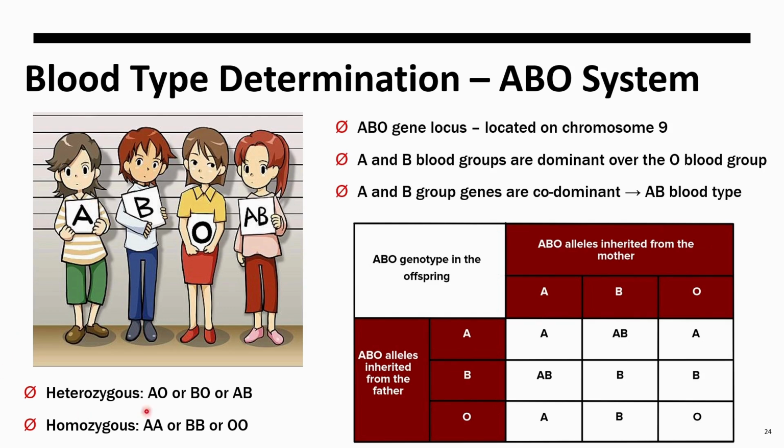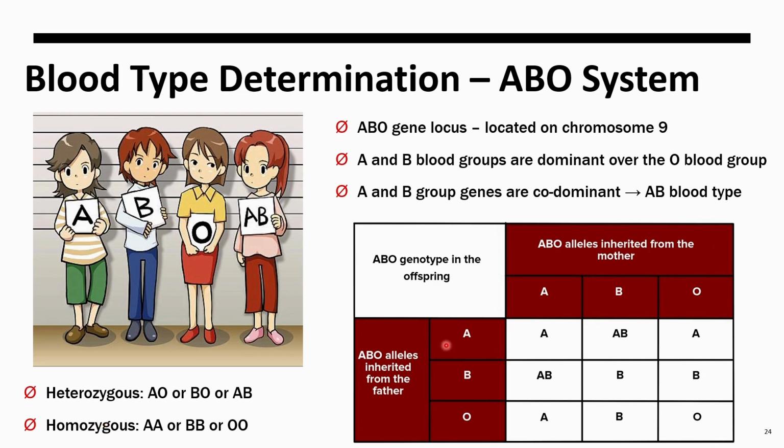If you look here, this is a genotype, and the phenotype of this is blood group A. When the 2 letters or 2 alleles of your gene are 2 different letters, we usually call it heterozygous. If it is the same letter, we call it homozygous. Remember these 2 terms because we will use them in the future.